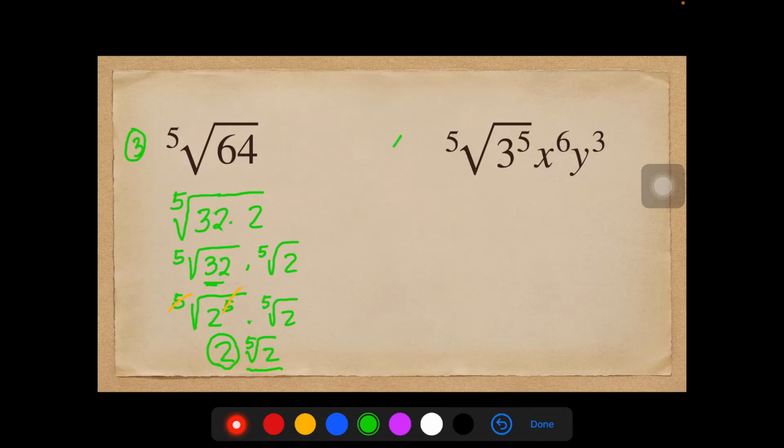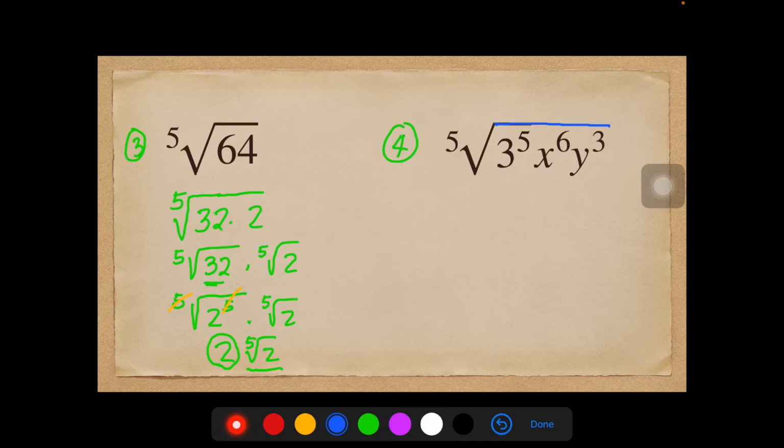This is the fourth example. You can see that this one should be extended up there. So it is read as the fifth root of 3 to the fifth, x to the sixth, y to the third power.